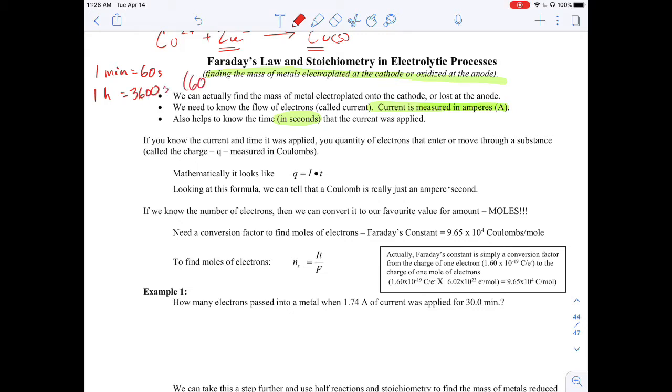So that's 60 minutes times 60 seconds per minute. And then if you wanted to find the number of seconds in a day, you'd need to multiply that by 24 hours. So 3,600 times 24, so we'd get 1 day is equal to 86,400 seconds. In no way are you supposed to memorize that. You should be able to figure out what the number of seconds is.